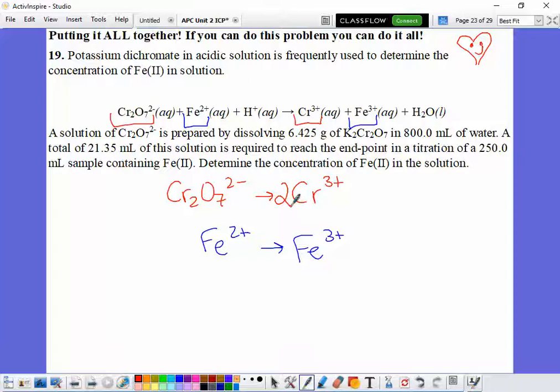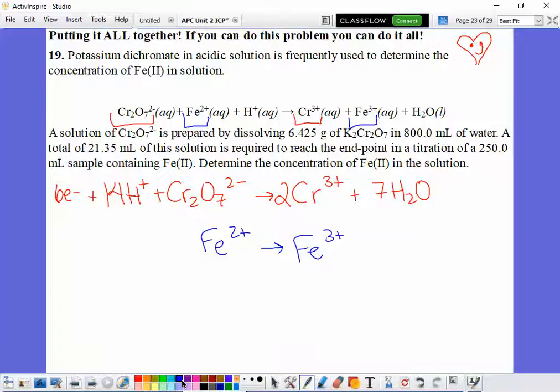So to finish balancing this first half reaction, we need 7 water molecules on the right and then 14 hydrogens on the left. Okay. Overall charge on the left right now is plus 12, and on the right is plus 6. So that means I need 6 electrons on the left. So now my first half reaction is done.